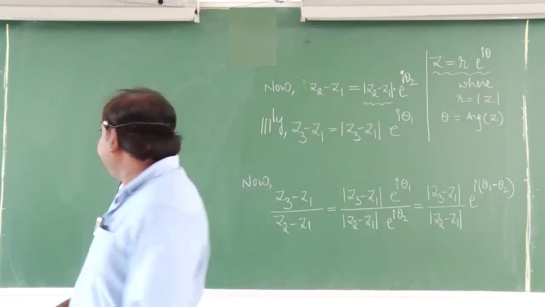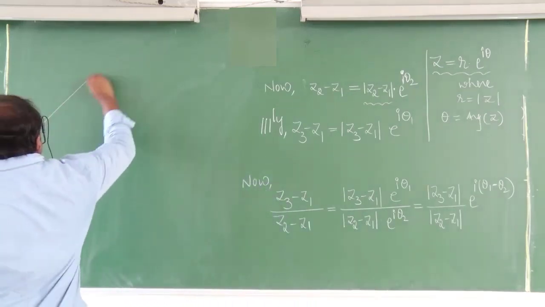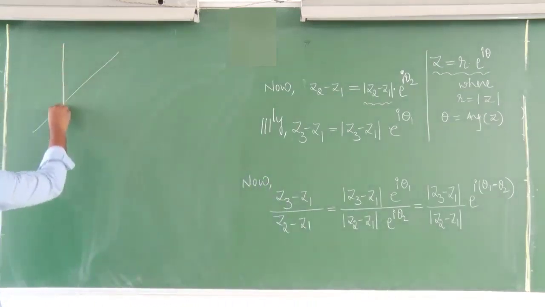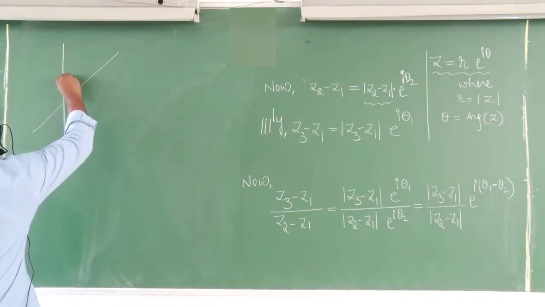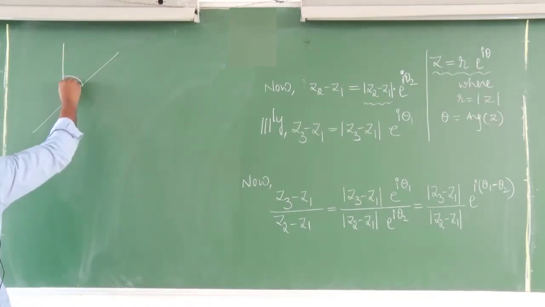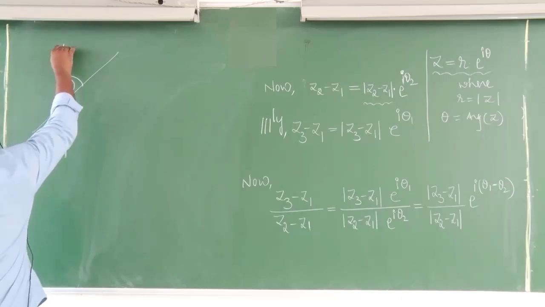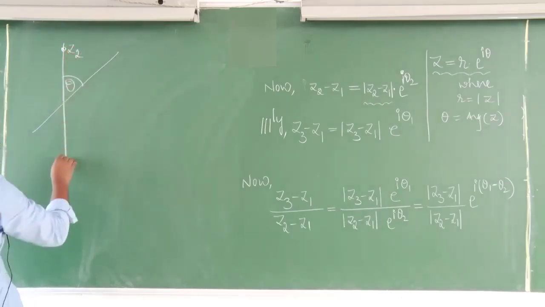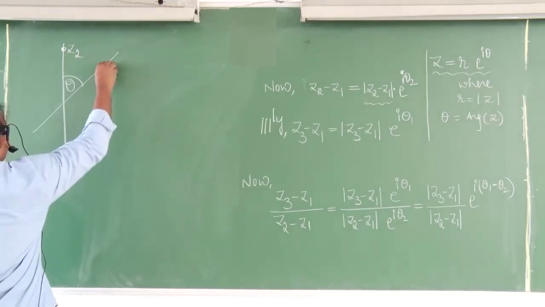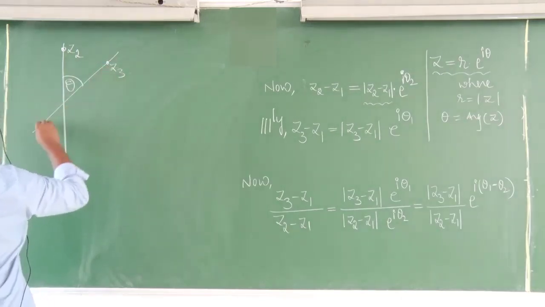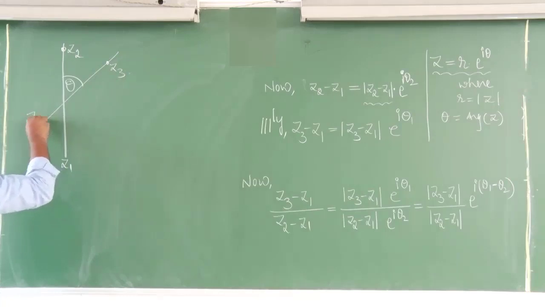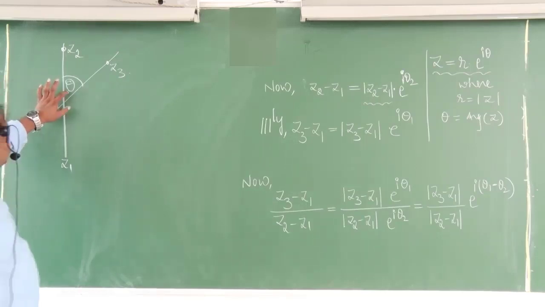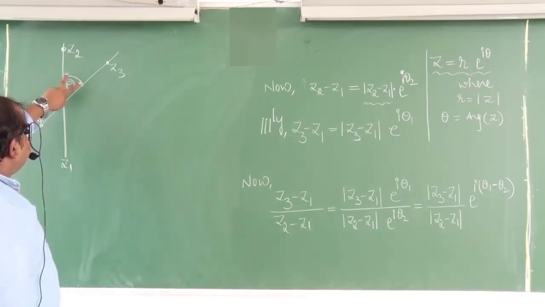If they give one line like this, and one more line, with theta between them, then how can you apply the rotation theorem? If the two lines are intersecting like this, theta is the difference angle between these two lines.